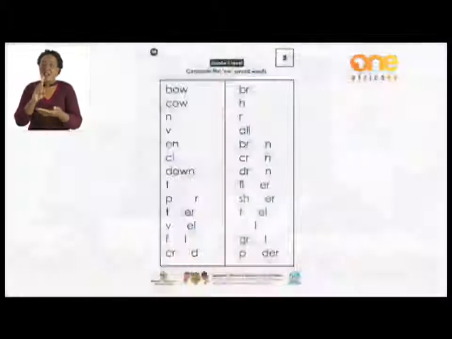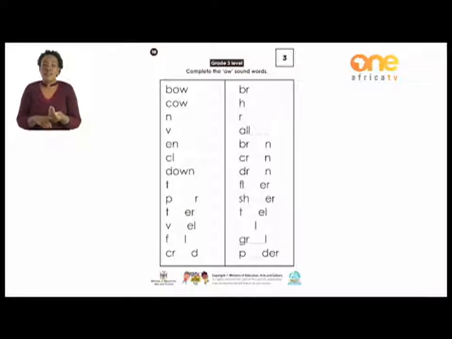So I want you to do the remaining ones by just adding the sound O and come up with a lot of different words. That's all about the sound O. Please complete the given exercise in our booklet.